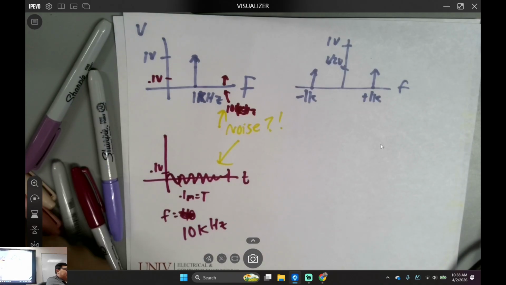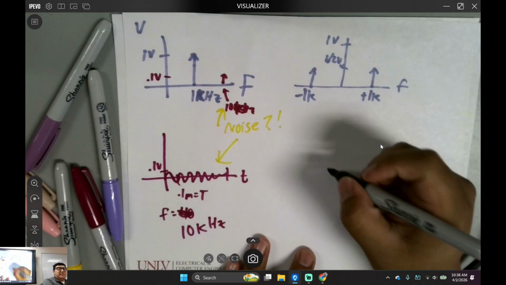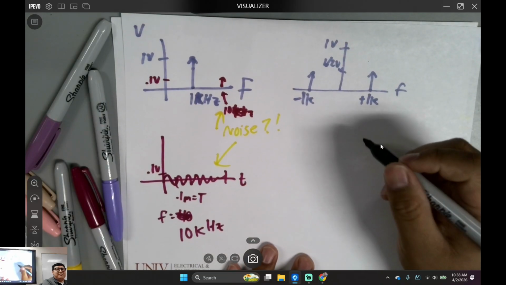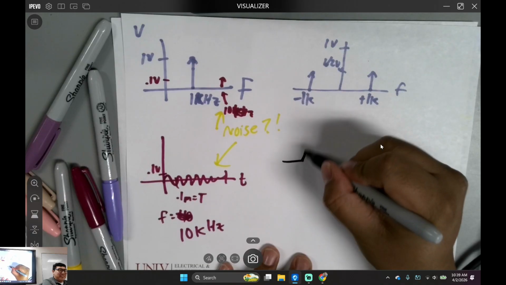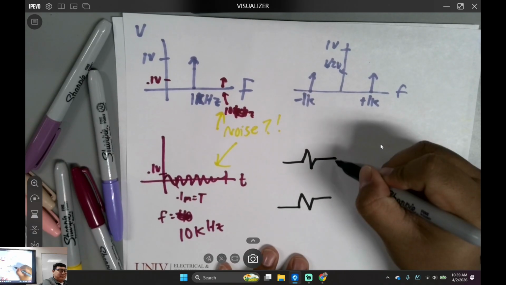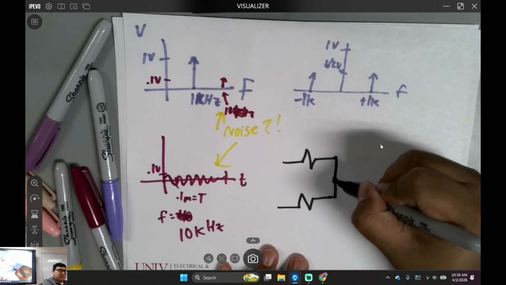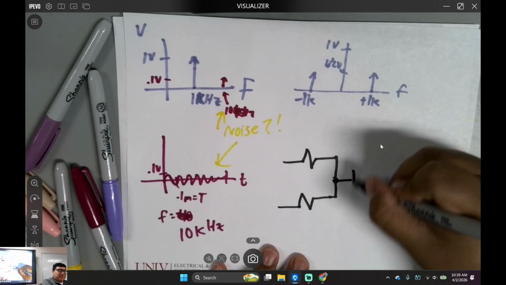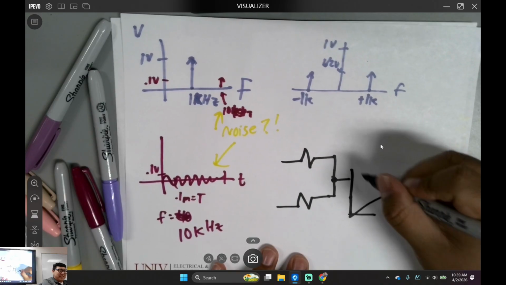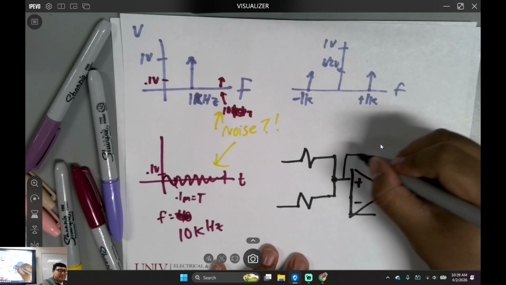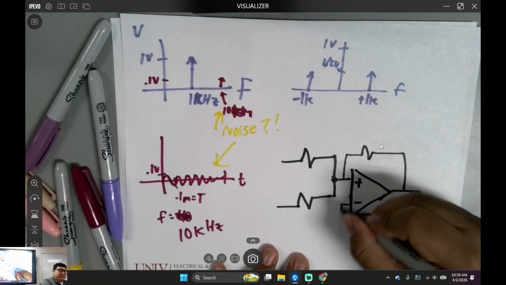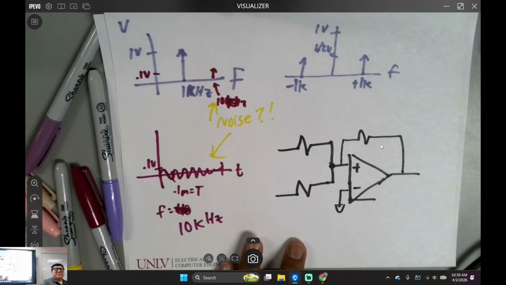So what if I did the following? You guys know what a mixer circuit is? Series mixing? An op-amp? Non-inverting, inverting, summation circuit? Plus, minus. You guys remember this from 221, 320, the labs?